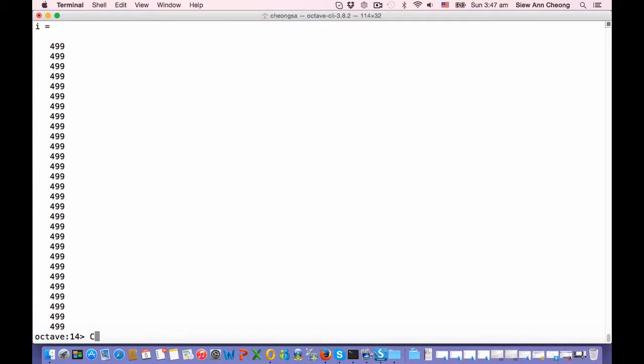So let me remove row number 499. This can be done by going from 1 to 498 and then 500 to the end for the rows, and the same for the columns. Okay, and let's do the find NaN again. You see that there's no more problem.